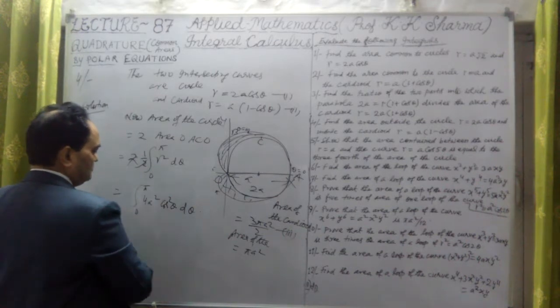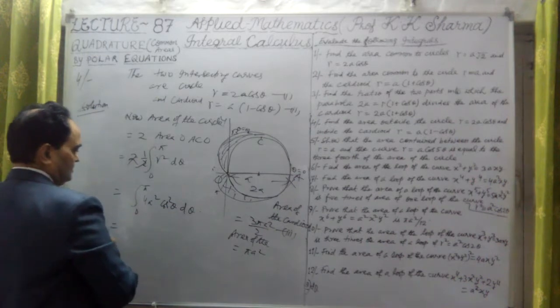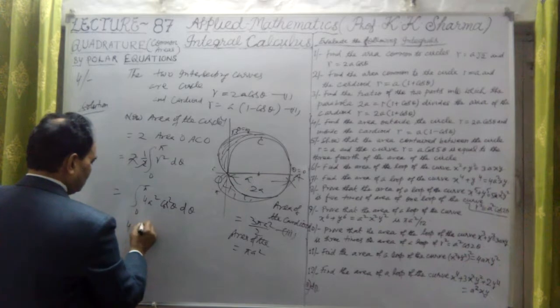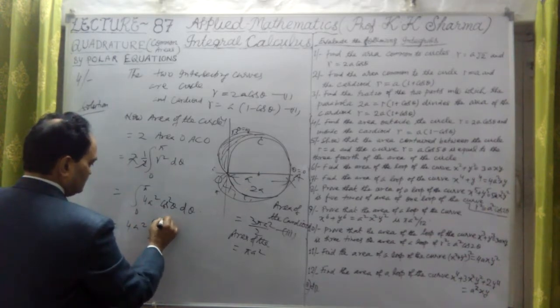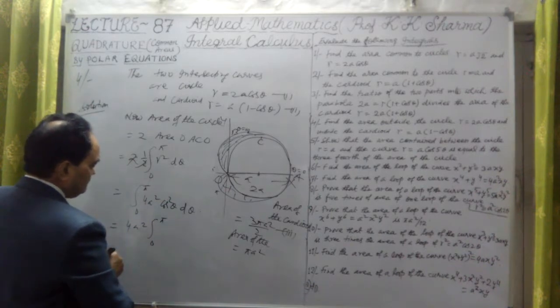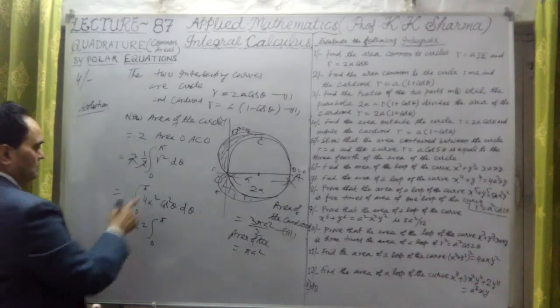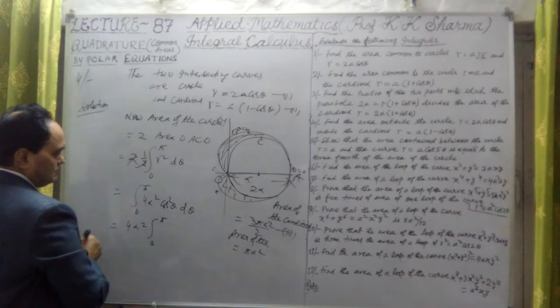Okay, now let me solve this. Let me check what is coming out from here. Okay, so this is 4a square, 0 to pi here. But we can make it twice, and pi by 2 can be used.